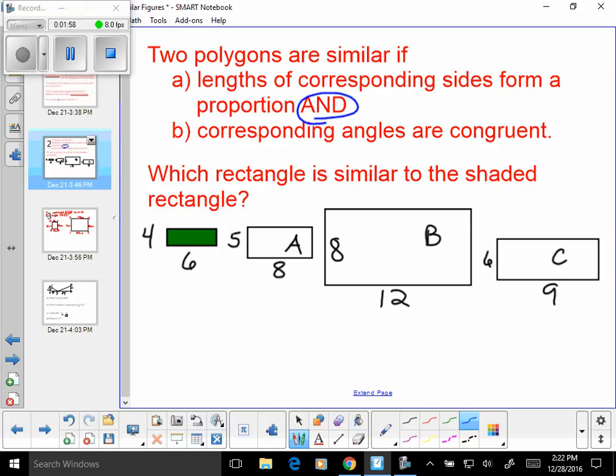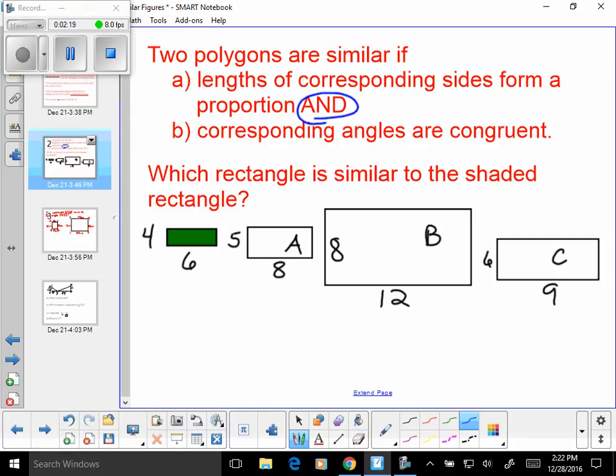Now, the one thing you've got to be very cautious about is that you absolutely cannot set up the ratio in the same polygon. For example, I'm going to set up 4 over 5. I'm not going to set up 4 over 6, and I'll show you more about that.